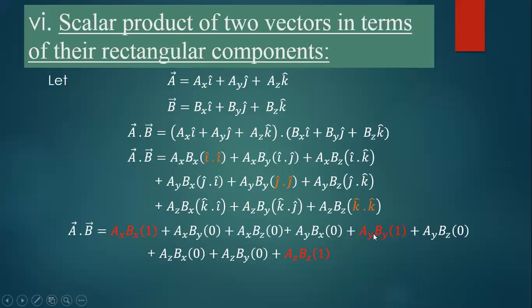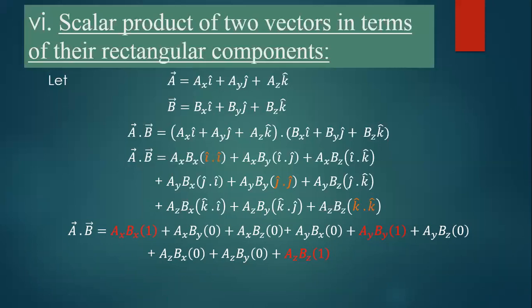AY BY into J dot J, that is equal to 1, plus AY BZ J dot K is 0. Similarly, AZ BX K dot I is 0, AZ BY K dot J is 0, plus AZ BZ K dot K is also equal to 1.